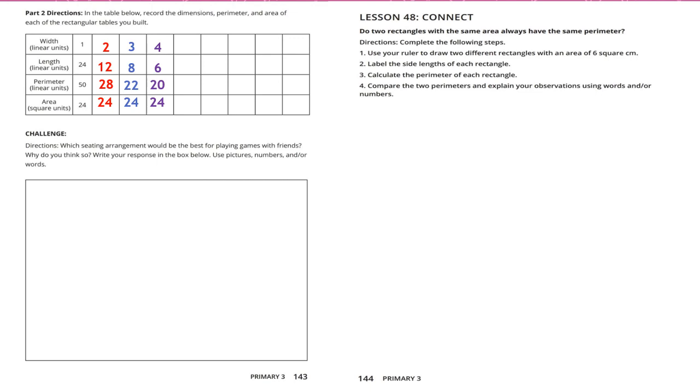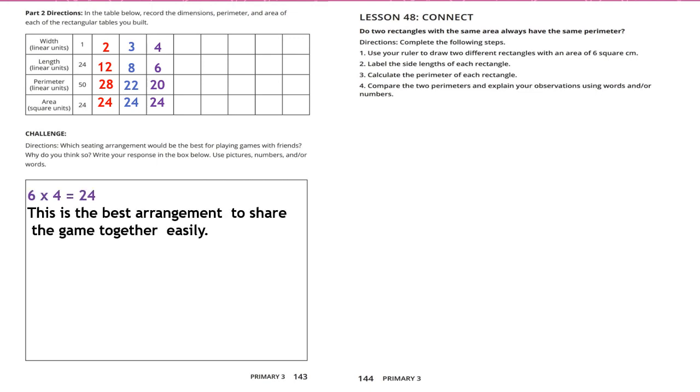So if the length and width are small numbers, it means the side length will not be very tall, so they will not be very far. So 4 times 6 or 6 times 4 is the best arrangement to share the game together, because with 6 times 4 they will be near to each other. Okay.